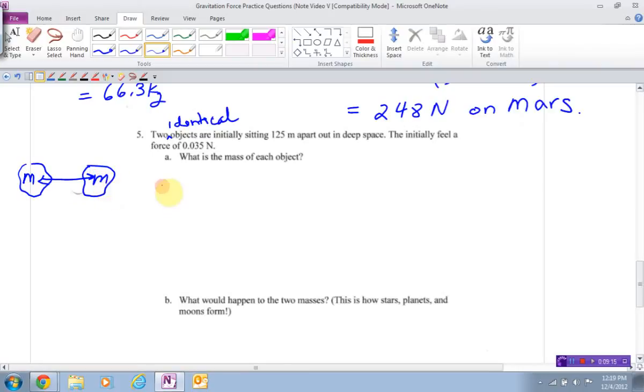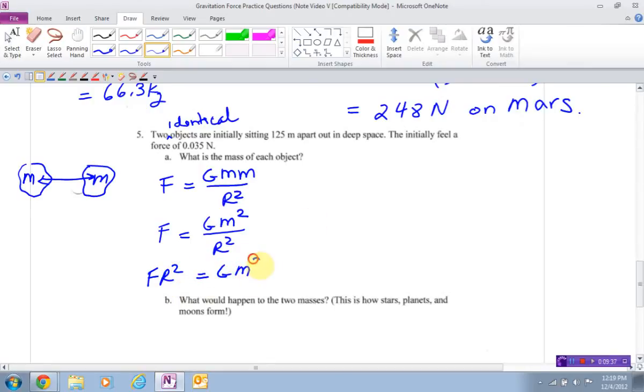Okay, so a little algebra. Force equals GMm all over r squared. Since it's the same mass, the force will equal G m squared all over r squared. Bring the r squared up, so you get force times r squared equals G m squared.